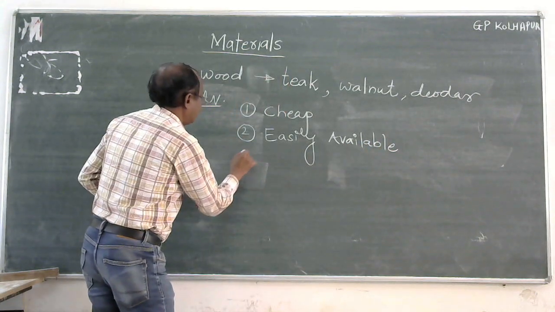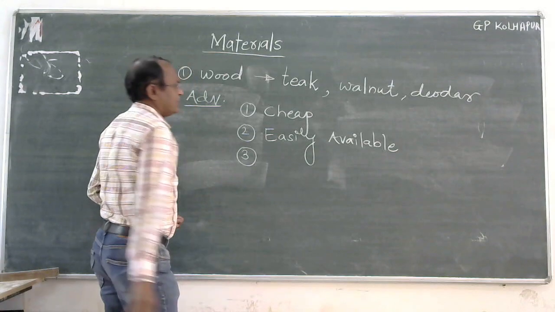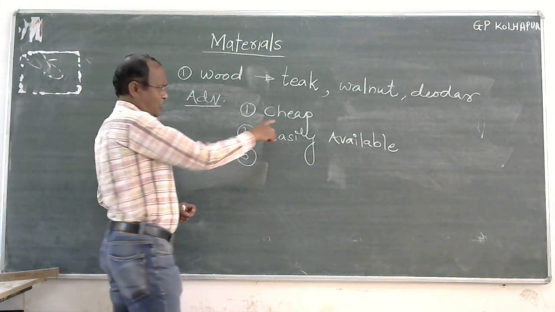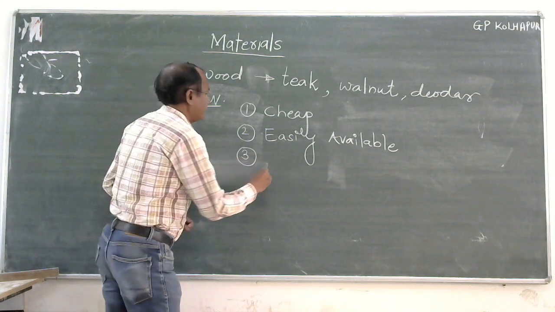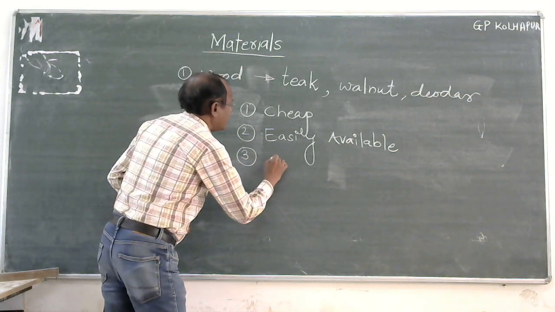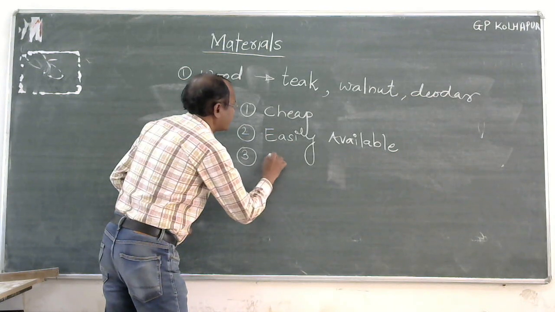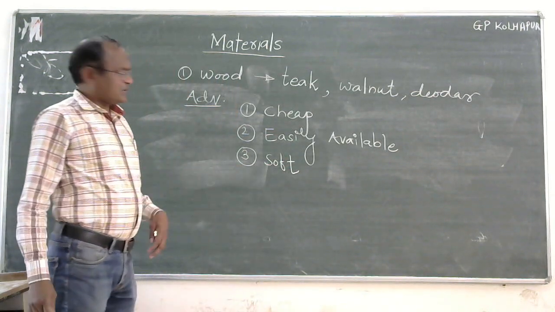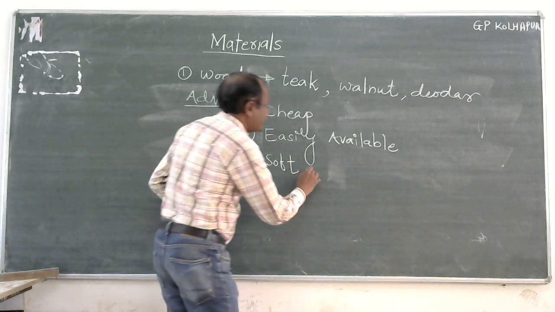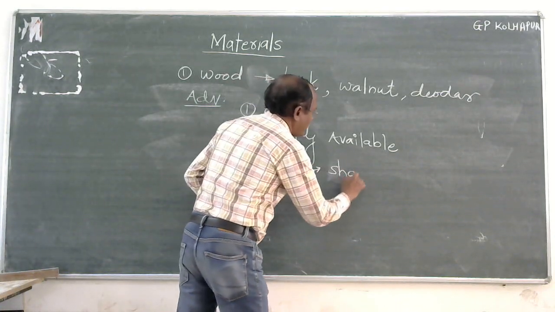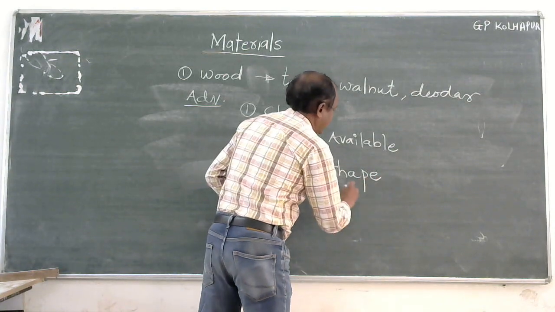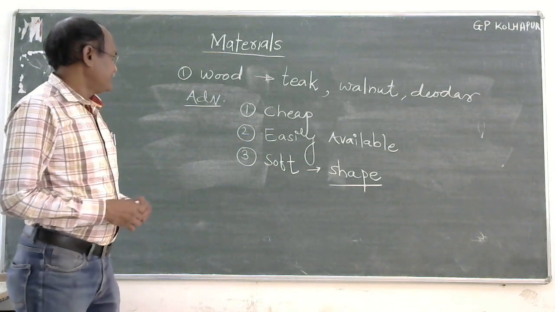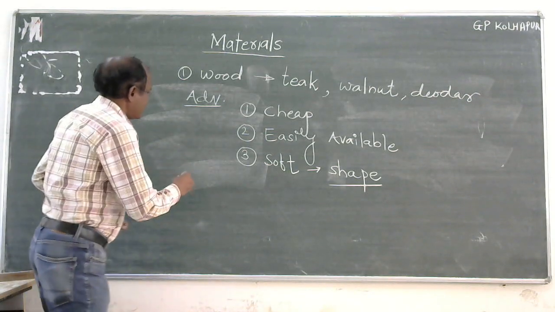And strength is not that much, that is the drawback. Cost is less, easily available. It is soft in nature, that is why you can easily shape it, and complicated shapes can be easily produced on the wood material. So those are the advantages.